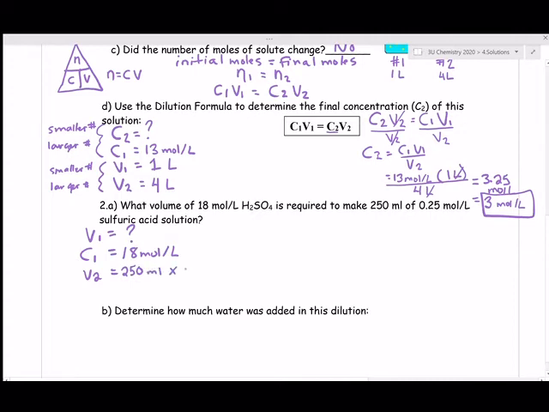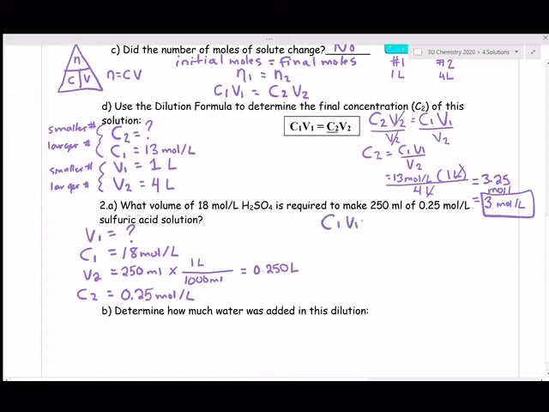Now don't forget, just like when we're doing our other calculations, you can't be in mils. So you're going to need to use the conversion factor, and you're going to have 0.250 liters there. And the final much safer concentration that we're looking for is 0.25 moles per liter. Okay, so get your stuff organized.